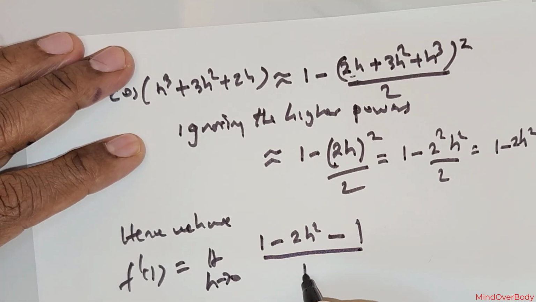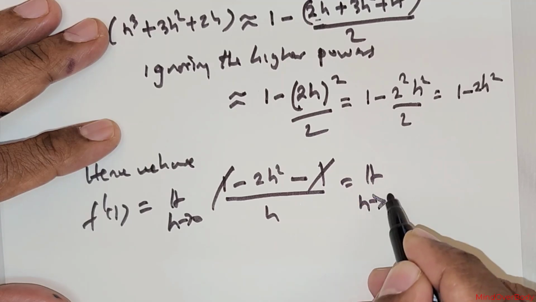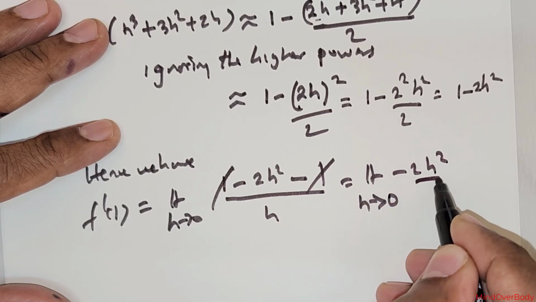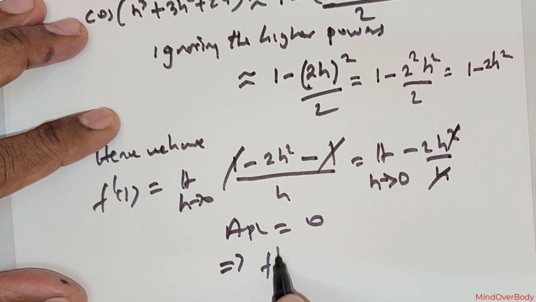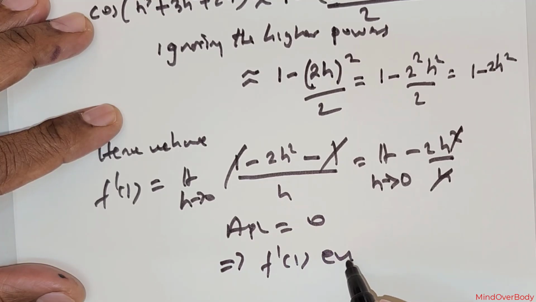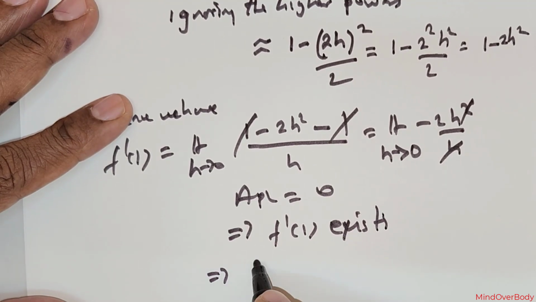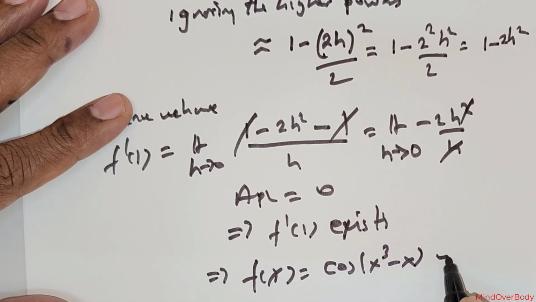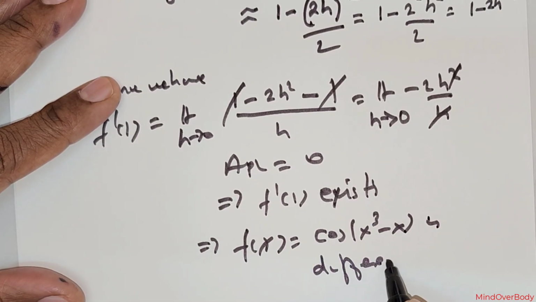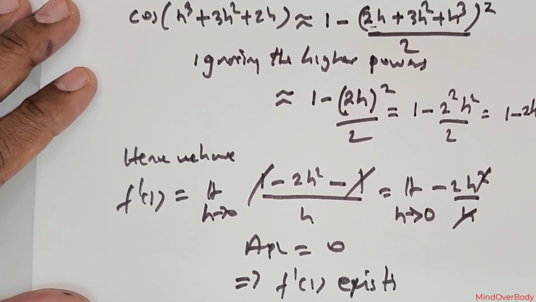See, there is a −1 here. Positive and negative cancel. This is going to give you the limit as h tends to 0 of −2h²/h, where h gets cancelled. So applying limits, you get equal to 0. This means f'(1) exists. So this means f(x) = cos(x³ − x) is differentiable. So that's the solution, and please like, share and subscribe. Thank you.